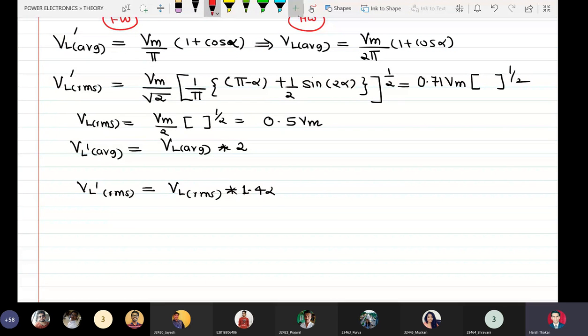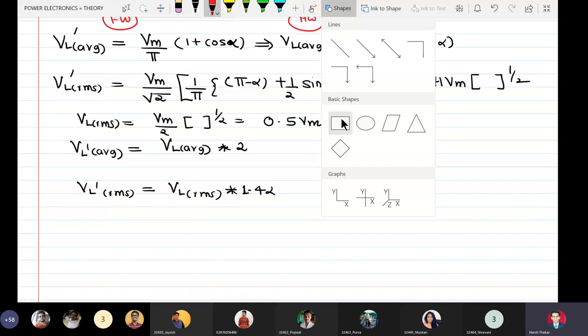Okay, so these are the conclusions for the two systems when we shift from half wave to full wave system.